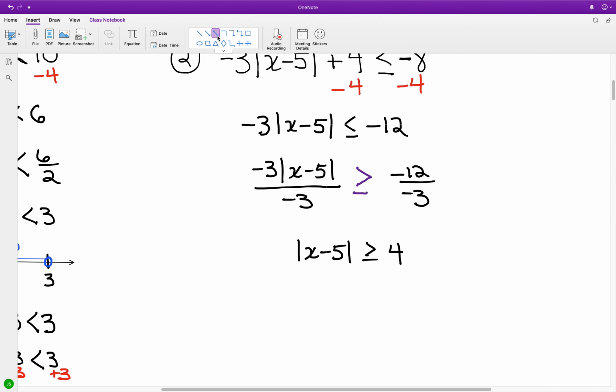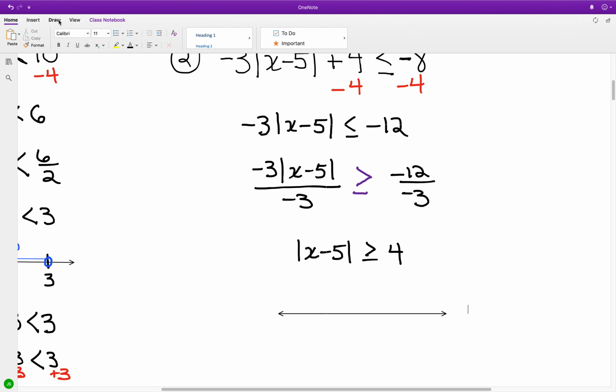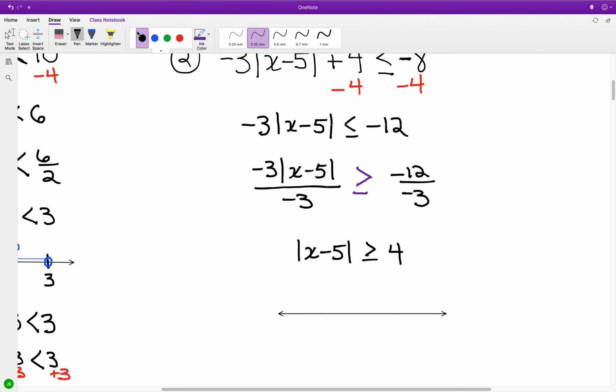And in taking what we have here, the absolute value of x minus 5 is greater than or equal to 4. All right. And again, with numbers that have an absolute value of 4, we have both 4 and negative 4.